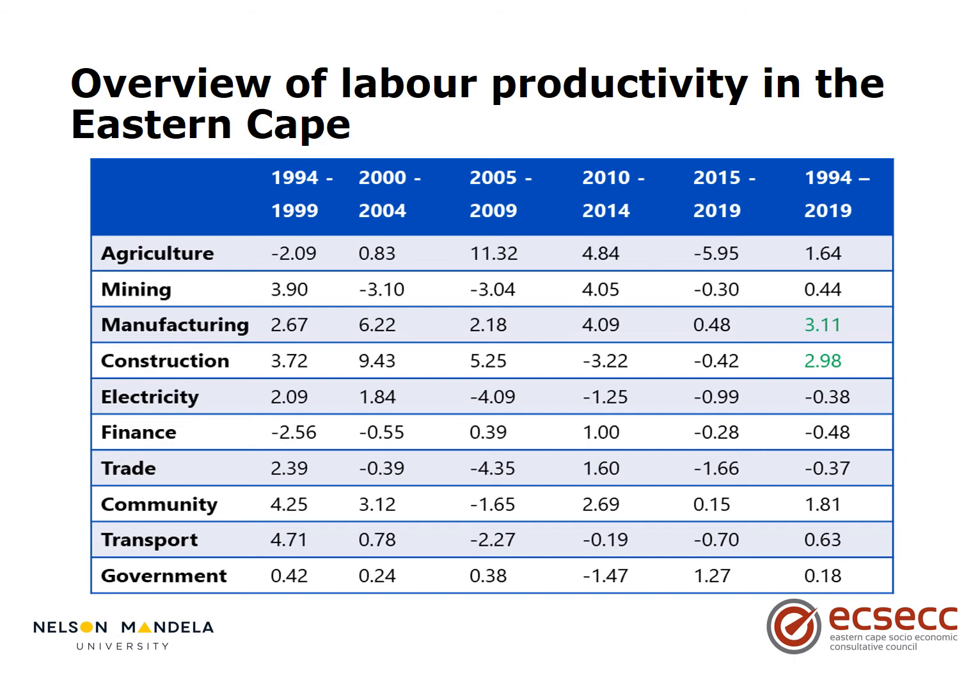This, of course, is due largely to the droughts that we've experienced in the Eastern Cape since 2015. In the tertiary sector, the best performing industry is community, personal, and social services, whilst other important industries which contribute significantly to GDP and employment, such as finance and trade, have recorded negative growth rates in labor productivity since 1994.